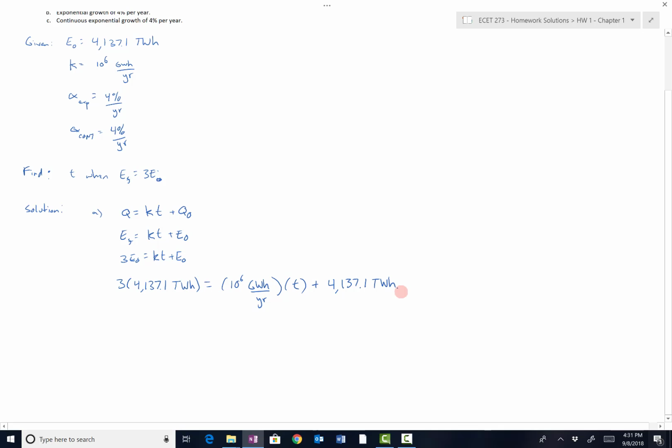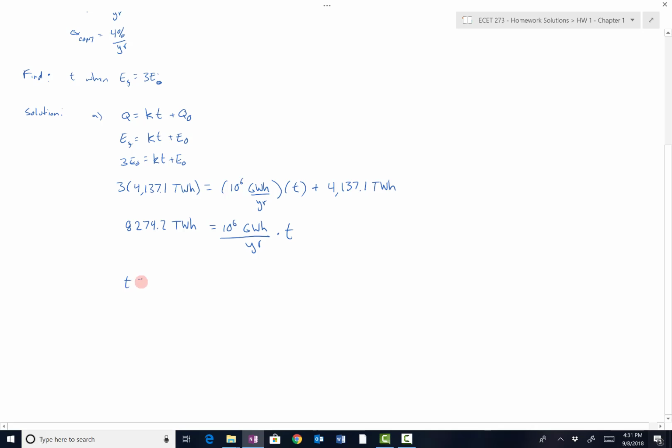So now I just need to subtract this number from that number. I'm left with 8,274.2 terawatt hours, and that's just equal to 10 to the 6 gigawatt hours per year times the number of years.